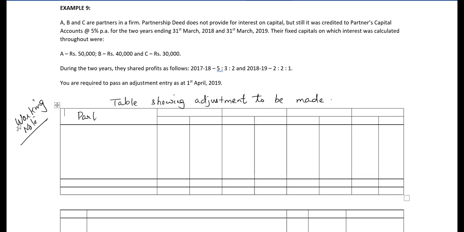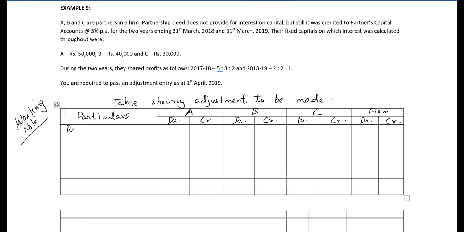Particulars. A divided into debit and credit. B again divided into debit and credit. C divided into debit and credit, and the final column for the firm divided into debit and credit.